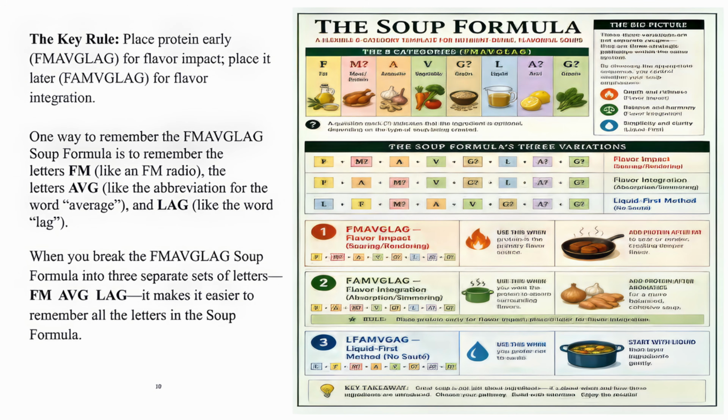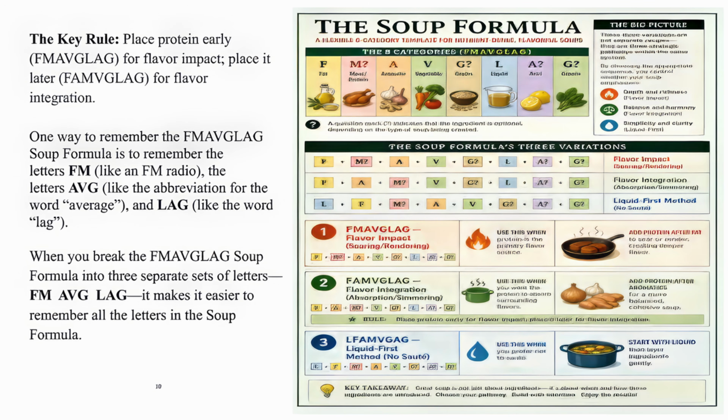One way to remember the F, M, A, V, G, L, A, G soup formula is to remember the letters F, M, like in FM radio, the letters A, V, G, like the abbreviation for the word average, and L, A, G, like the word lag.